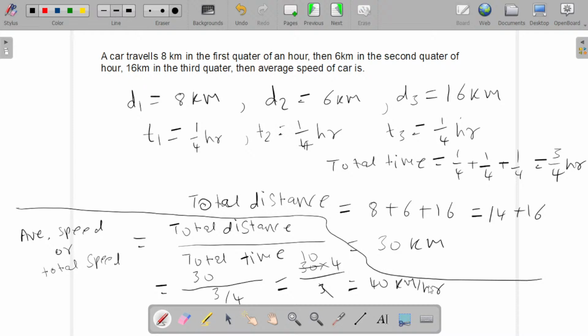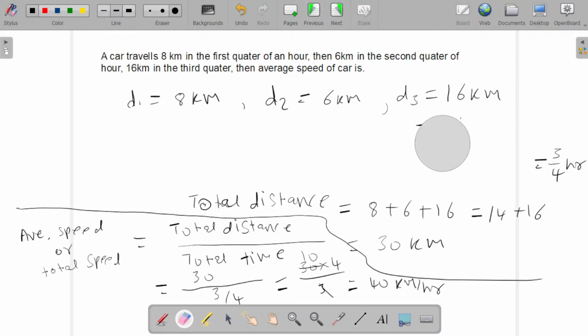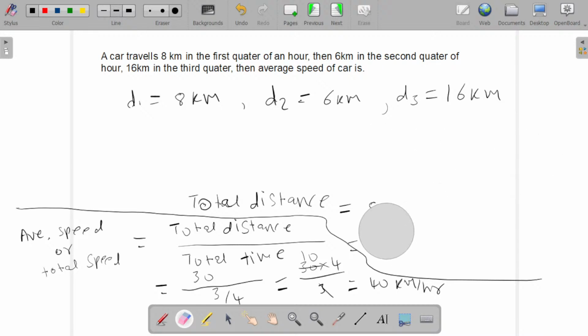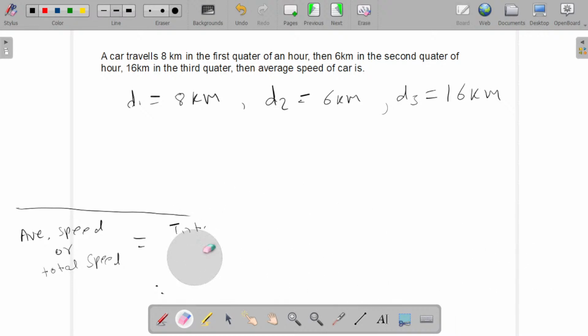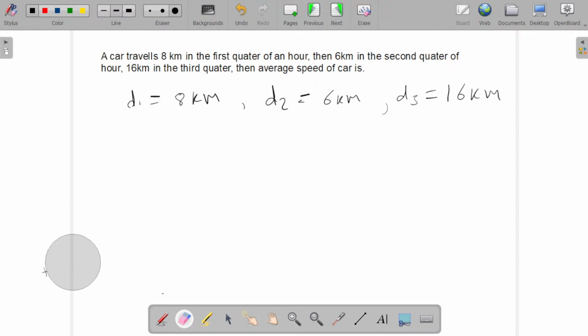Let me solve it another way. Let's see another method of solving the same question by taking the hour. Some student may solve it like this. Distance is given in kilometer, so no issue with distance, but let me erase it. Some students might take 1 hour equal to 60 minute.